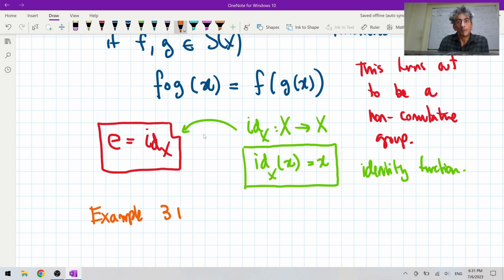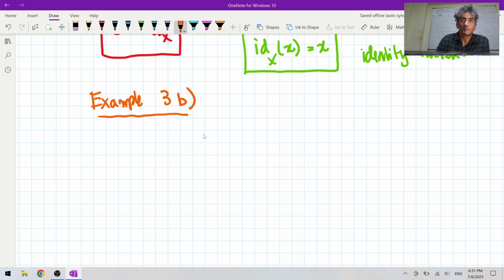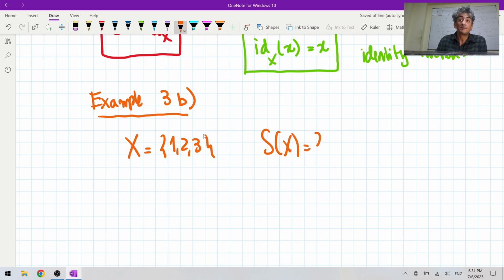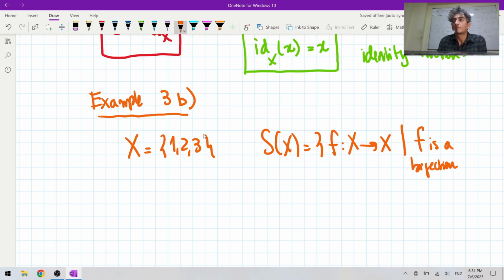3b. So to fix ideas, let X be the set {1, 2, 3}. So S(X) just consists of the bijections from X to X. Maybe we can list which are the elements of S(X).